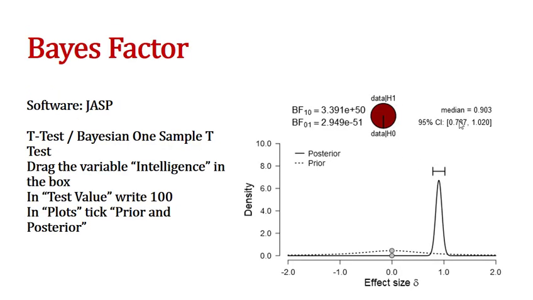And now for the Bayes factor approach, that's also very easy to do in JASP, because JASP specializes in doing Bayes factors. So we do the one sample t-test, but the Bayesian alternative, and again we are going to test against the value 100.